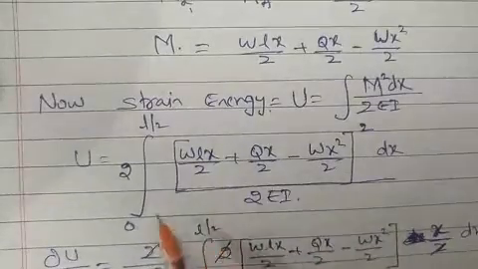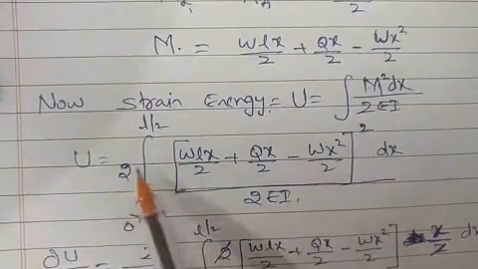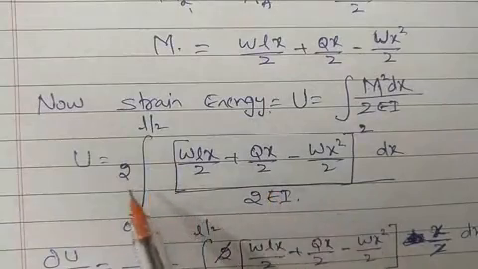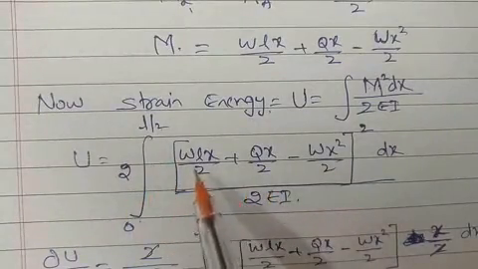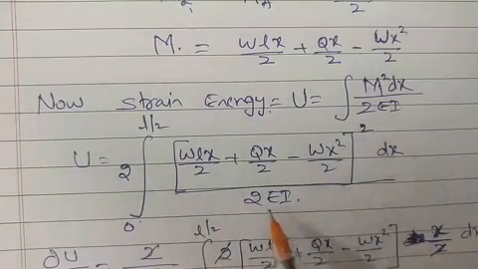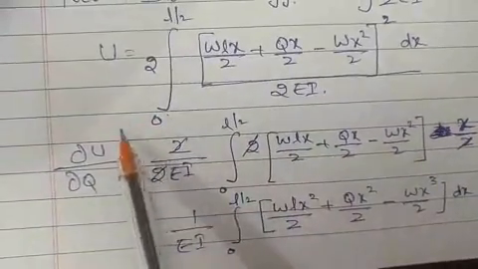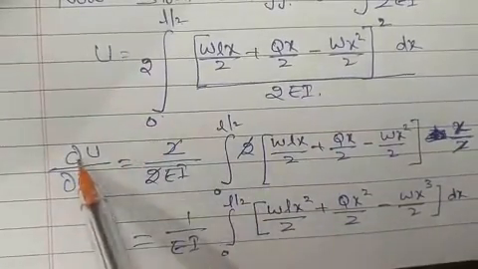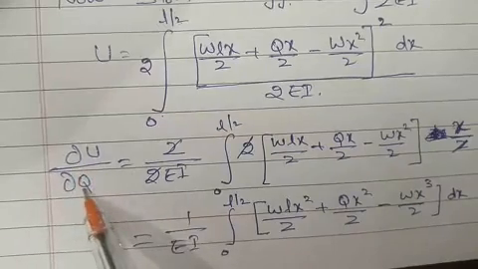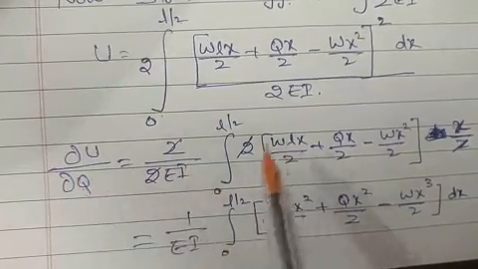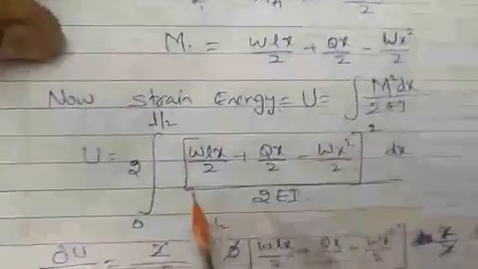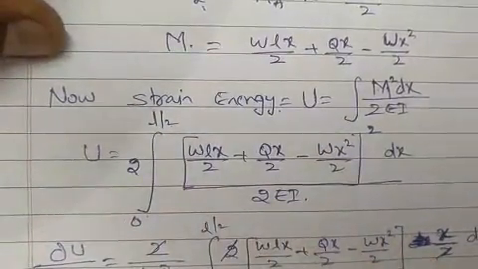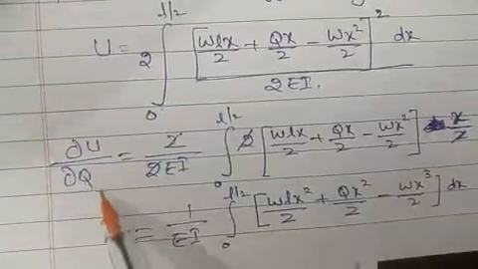So we can take from 0 to L by 2, twice, of M square dx by 2 EI. Now we first do partial differentiation because we want displacement at C. So we do dou U by dou Q. This is for the simplification of the problem, because if you do integration then differentiation, it will become a very big problem. So first we will do differentiation.